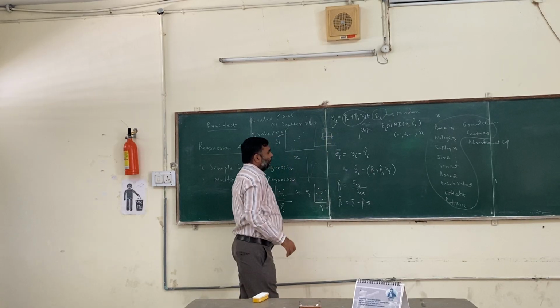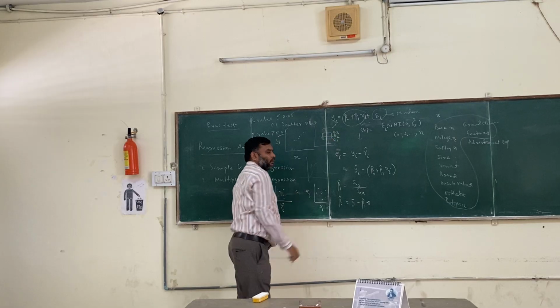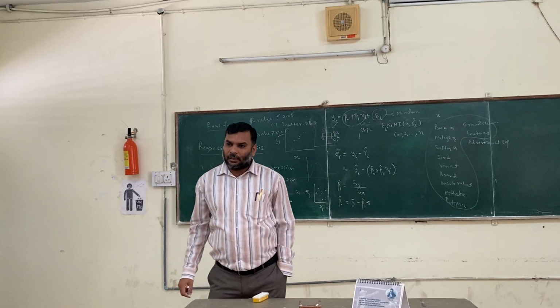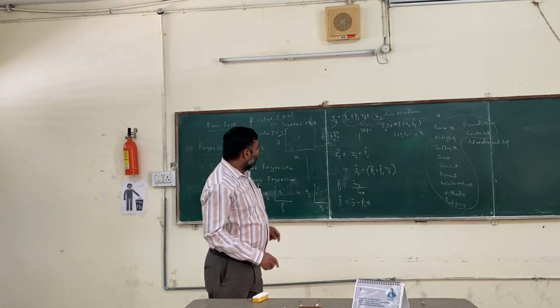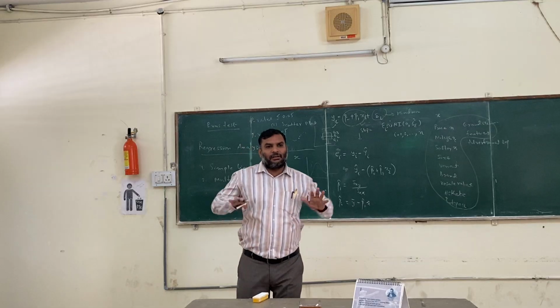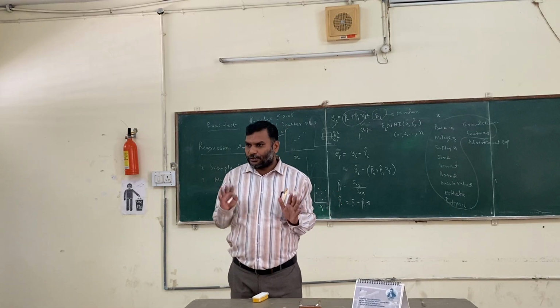If it is symmetric, this is Q1, this is Q2, this is Q3. Q1 is the first quartile, Q2 is the second quartile, and Q3 is the third quartile. If Q3 minus Q2 is equal to Q2 minus Q1, then the box is divided into two equal parts. It means the data is coming from a symmetric distribution.